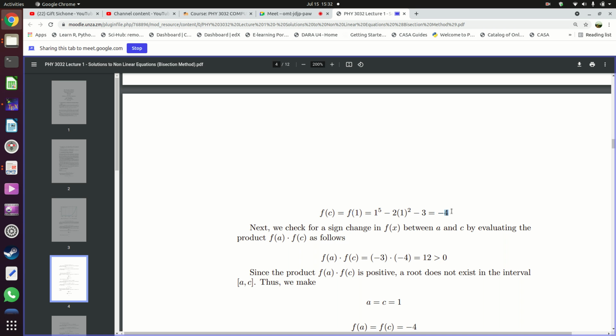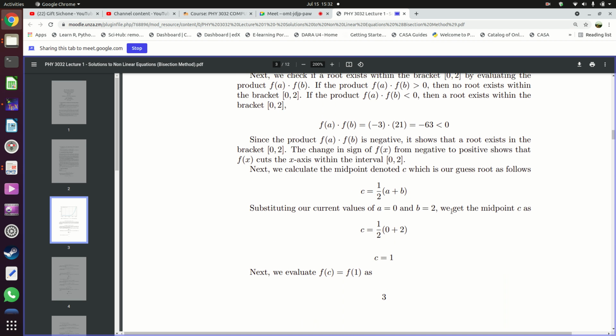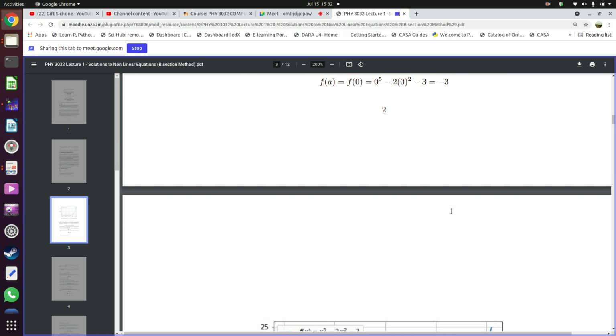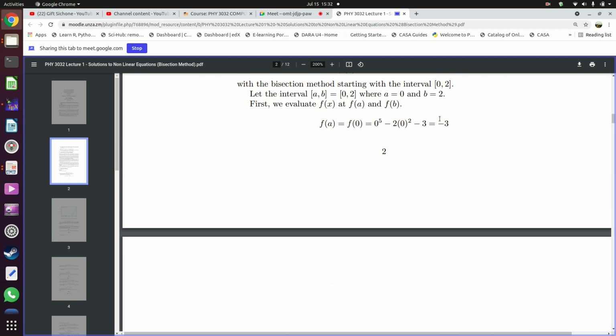So you have found the midpoint. We know that f of a is minus 3, which is negative.